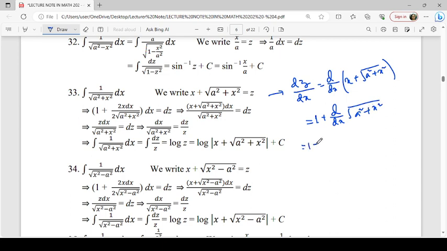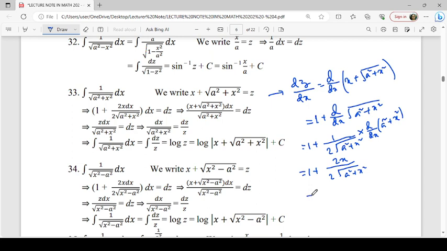Now this is 1 plus, so this is by chain rule. Chain rule means first we differentiate the root function, so it is 2 root over a square plus x square into d dx of a square plus x square, is equal to 1 plus twice x, d dx of a square is 0, d dx of x square is twice x, and 2 root over a square plus x square.